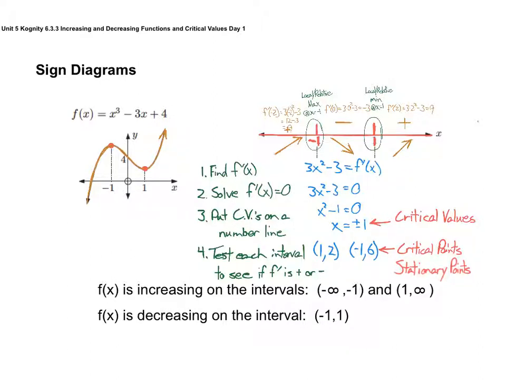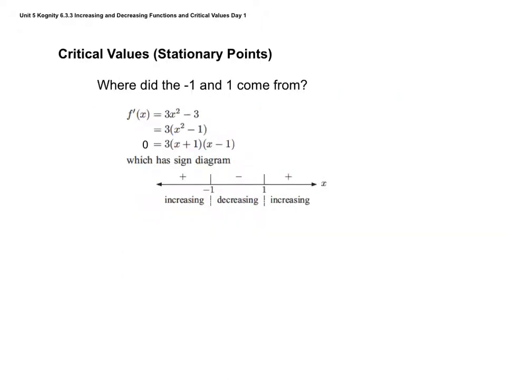Okay? Alright, so just to recap here what we did in the example, we found the derivative, and then we found where the derivative equaled 0. We factor that out, we solve it, and we get x is plus or minus 1.